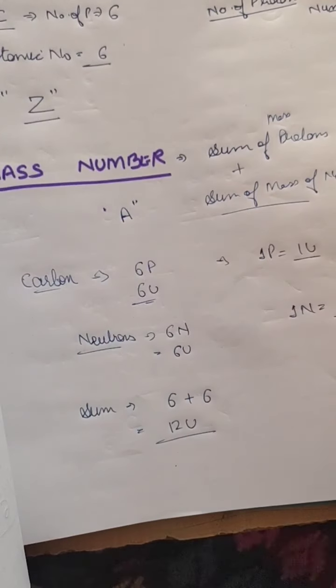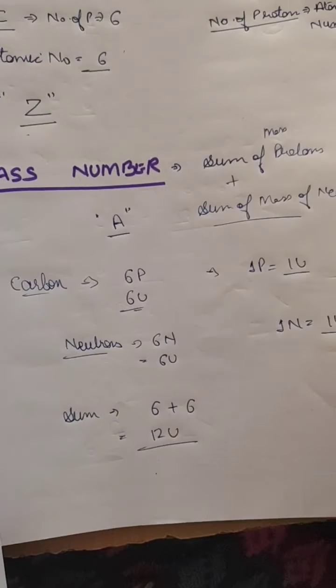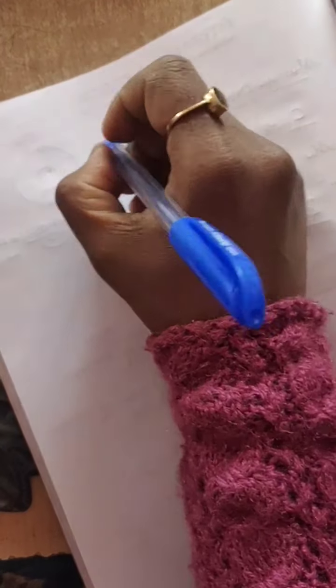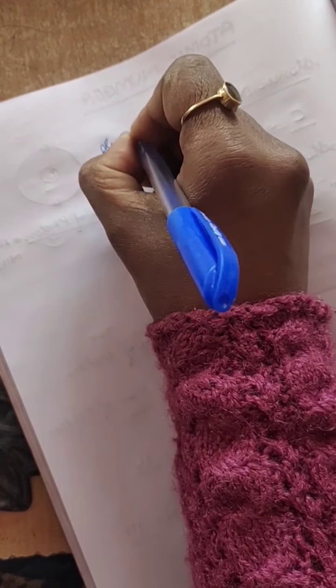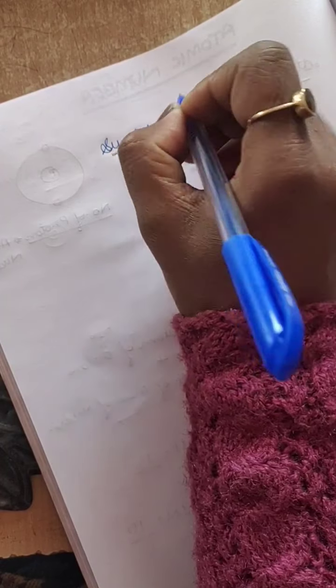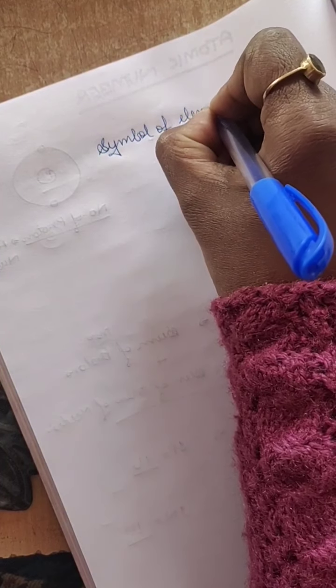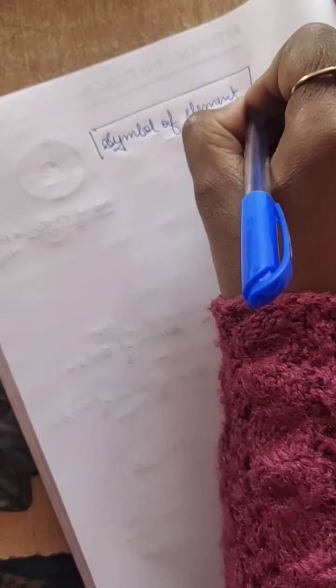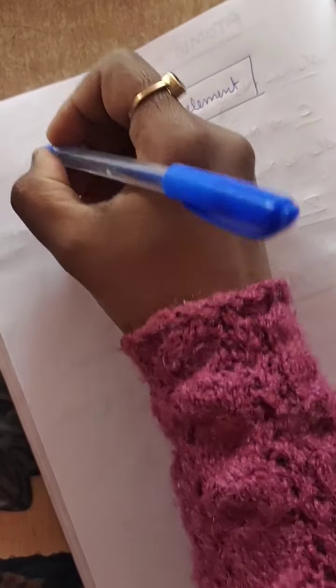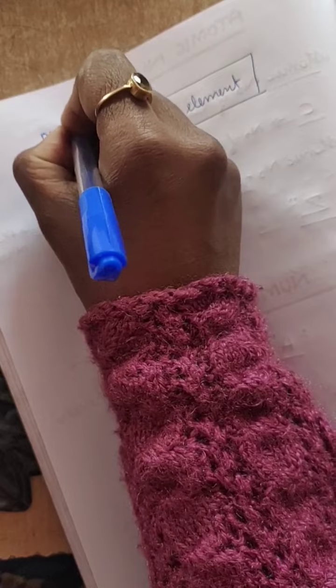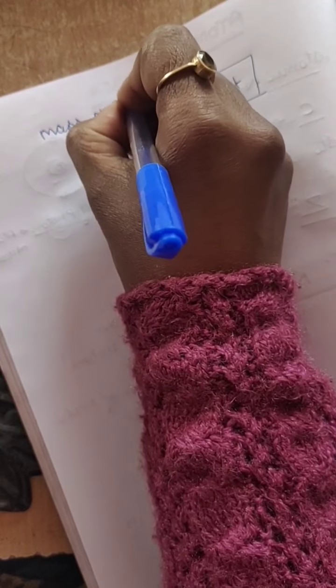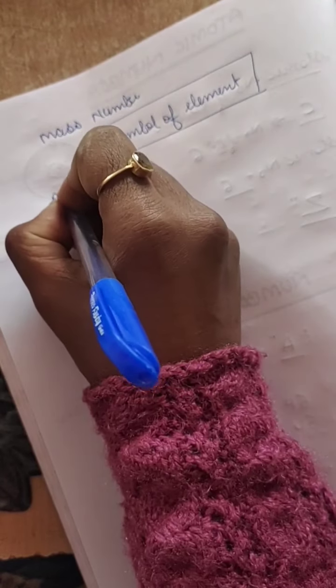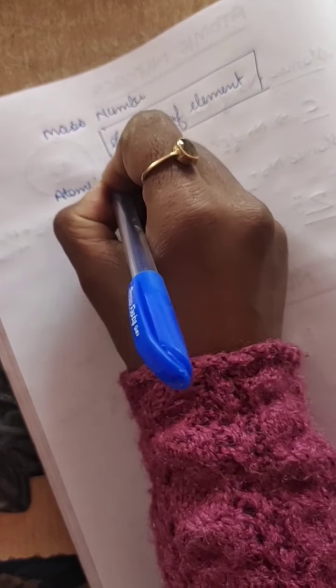So this is the mass number and this is the atomic number. How will we write this together? We write first the symbol of the element in a box, and on the extreme side is the mass number, and here is the atomic number.